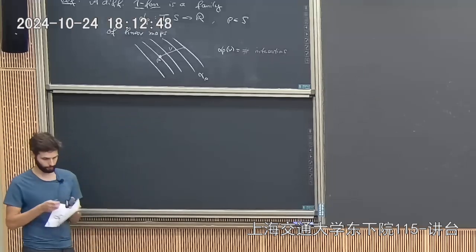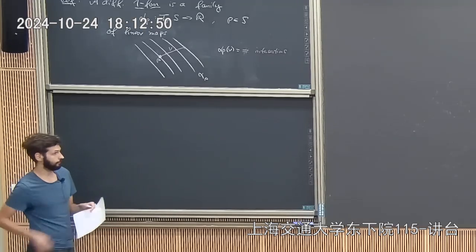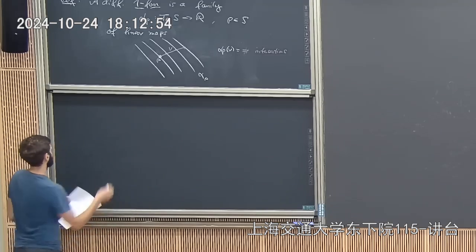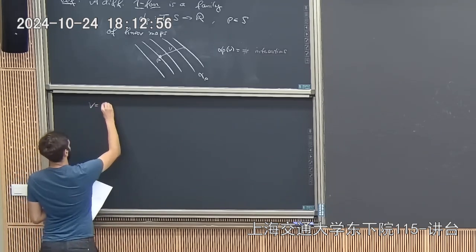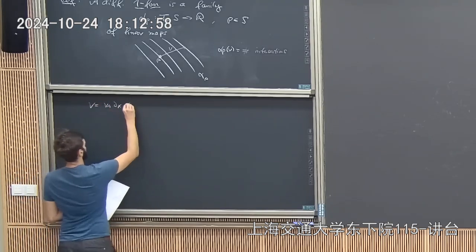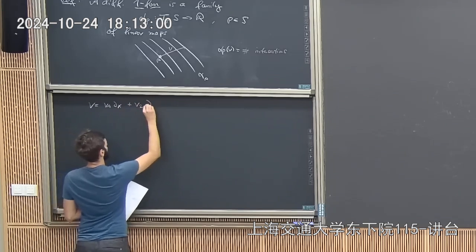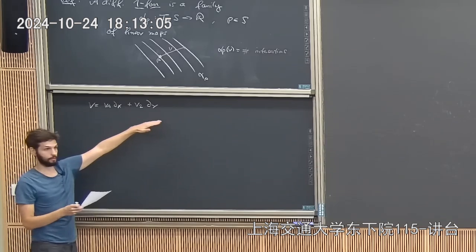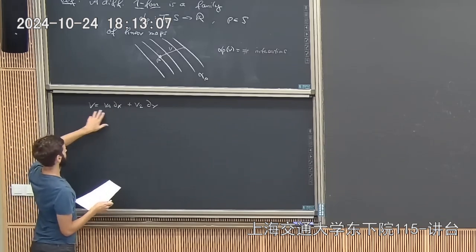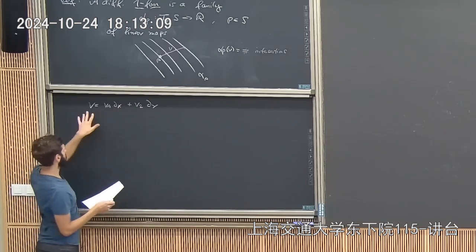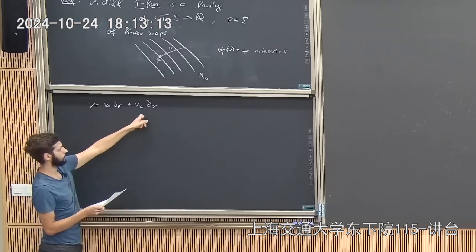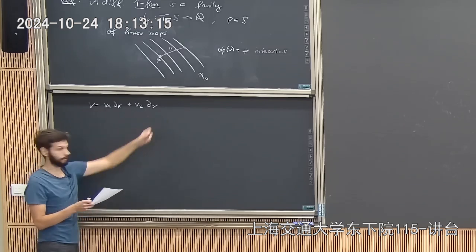There's a different way to think of these components, which is very similar to the description we have, v1 dx plus v2 dy. Something similar we would now like to have, but instead of v1 and v2 and v here, we want something like alpha equals alpha 1 times something plus alpha 2 times something.